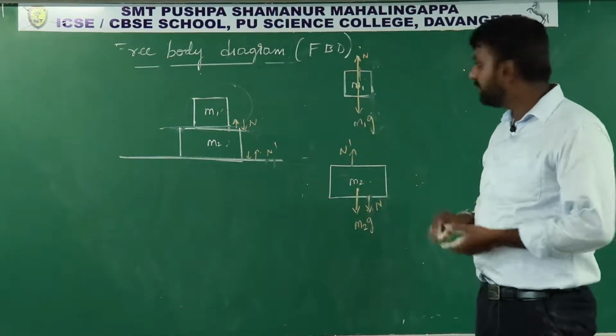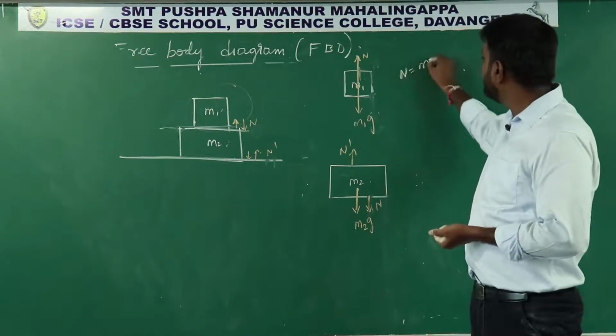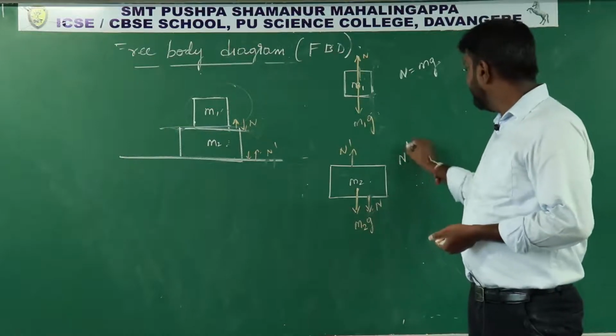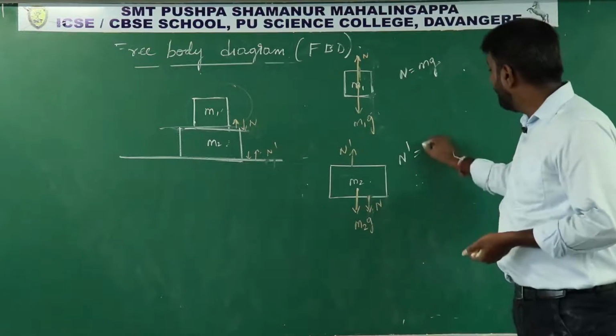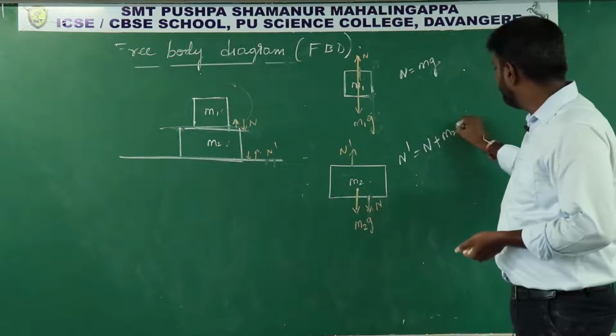So this is at rest, means again I can directly write N equals M into G. I can balance these forces. Here I can write N dash is equal to N plus M2 G, right?